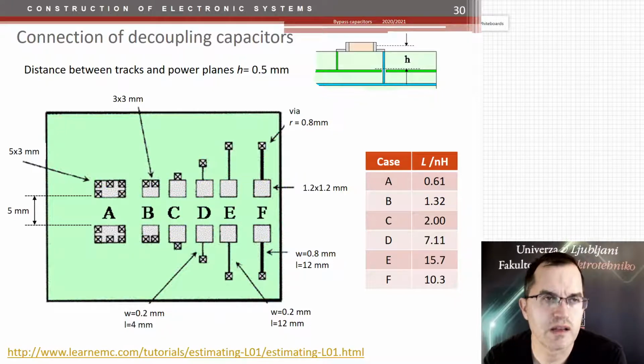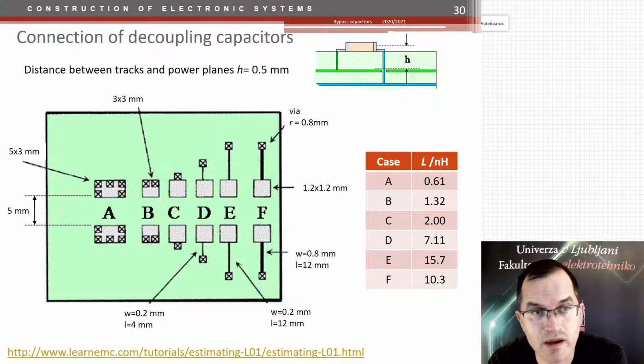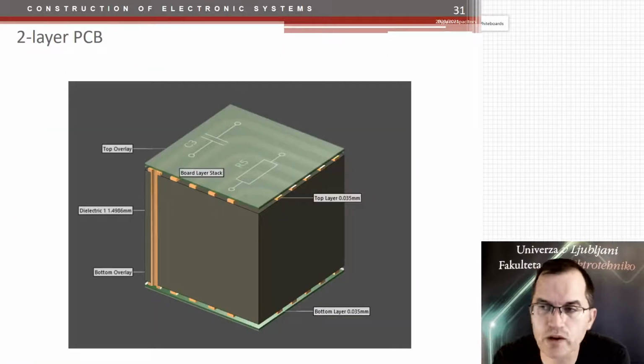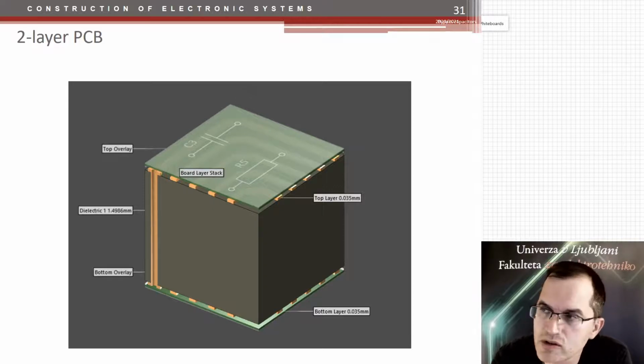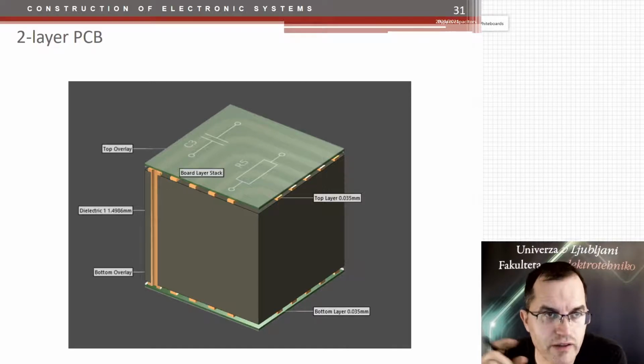So let us go a little bit into practice, right? So we know now approximately what kind of inductances we can expect from the cases themselves and also from connections. So a 2-layer PCB and a 4-layer PCB will be compared. The 2-layer PCB has only 2 layers, top and bottom, and these are the realistic thicknesses.